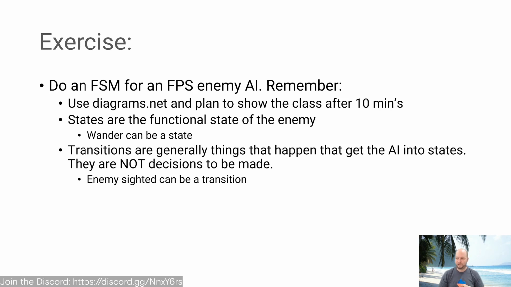But state transitions are not decisions to be made. In fact, the actual decisions that are made are layered on top of this in some way. And if you're interested in that in a deeper fashion, I recommend you look at what's called hidden Markov models, because in hidden Markov models, we have observations, right? Things that are happening that represent some underlying state.